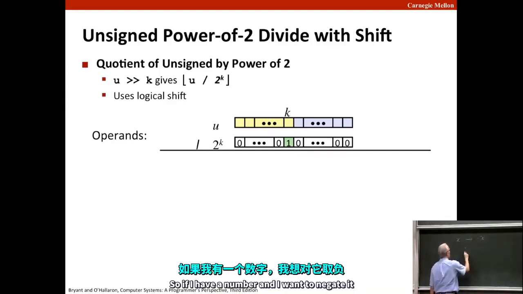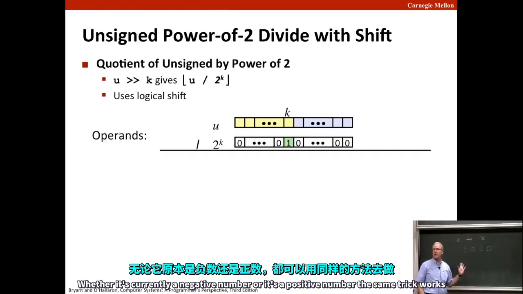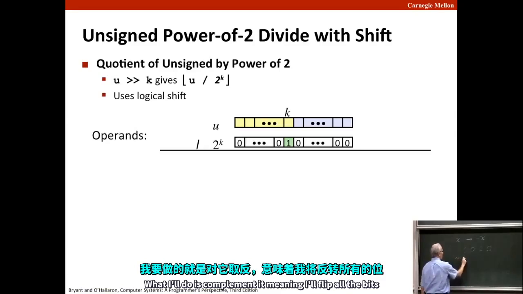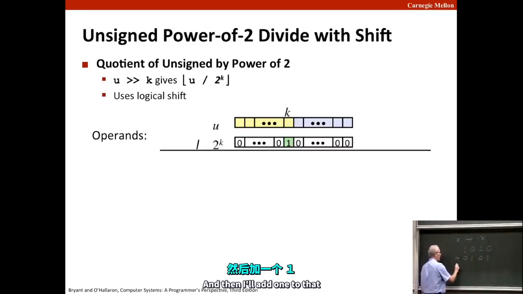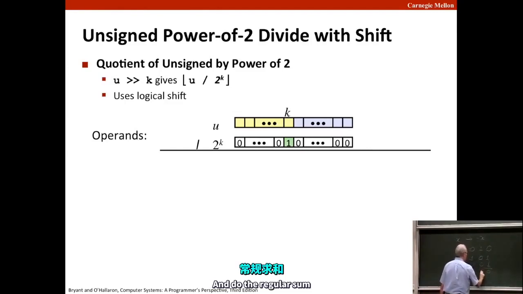So if I have a number and I want to negate it, whether it's currently a negative number or it's a positive number, the same trick works. What I'll do is complement it, meaning I'll flip all of the bits. And then I'll add 1 to that. And do the regular sum.